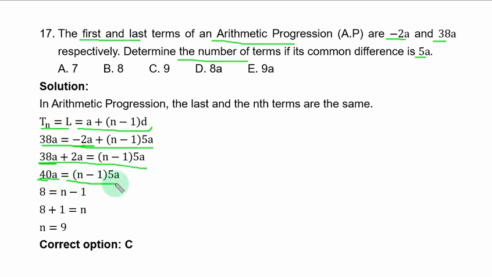Divide through by 5a. So you have 8 equal to n minus 1. You transfer minus 1 to the left hand side. It becomes 8 plus 1 equal to n, and n is equal to 9. C is the correct option.